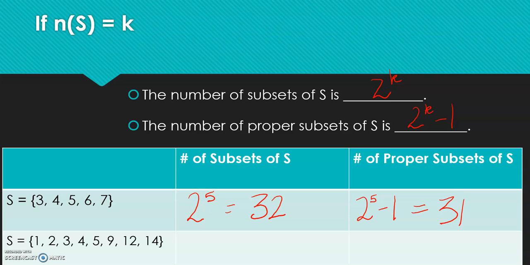Looking at our second set S, there are 8 elements. 2 to the 8th equals 256 subsets. And our number of proper subsets is going to be 2 to the 8th minus 1, which is 255. That's section 2.2, subsets.